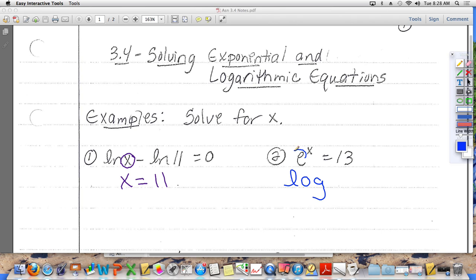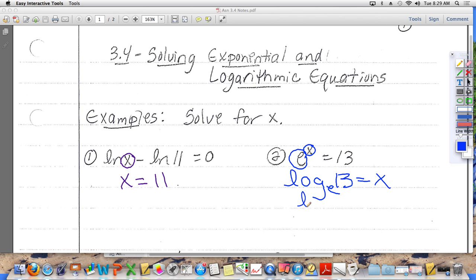This number right here is the base in exponential form. It remains the base in logarithmic form. So this is going to be log base e of 13, and then it's always going to be equal to the power. So we have log base e of 13 is equal to x. What does log base e mean? It means ln.